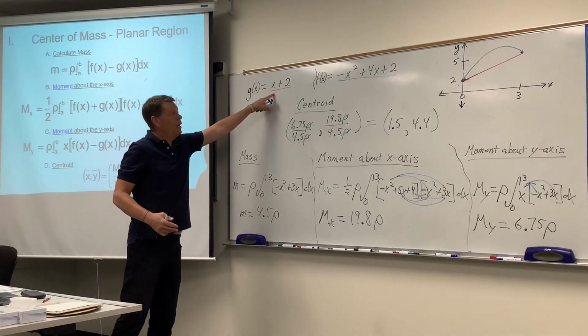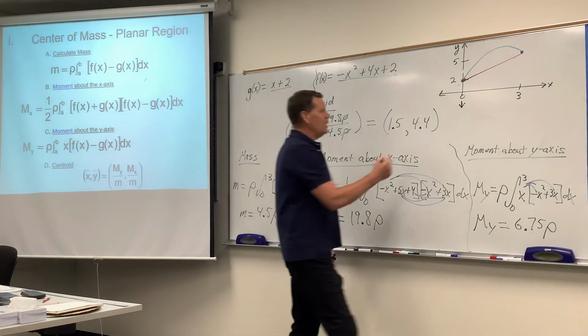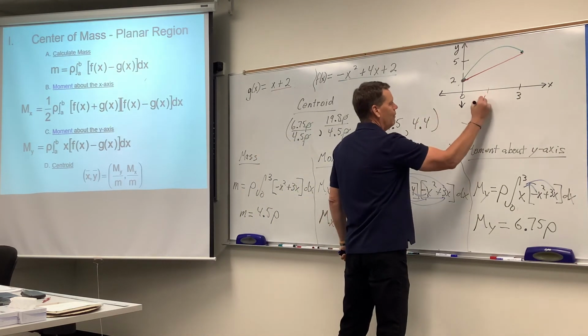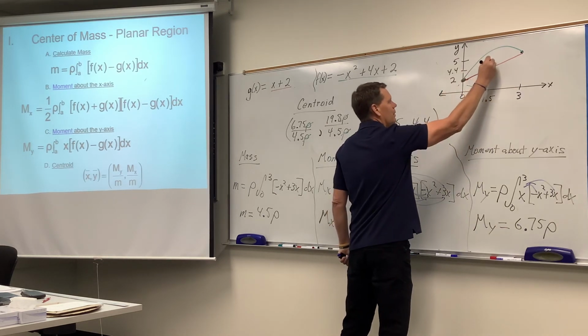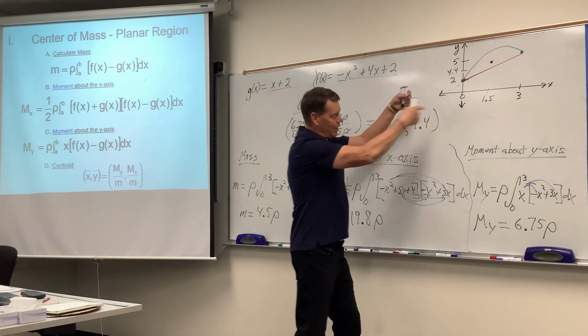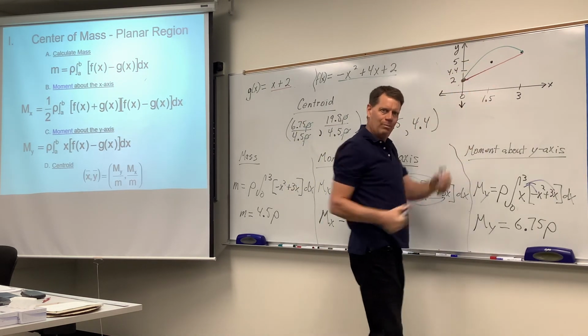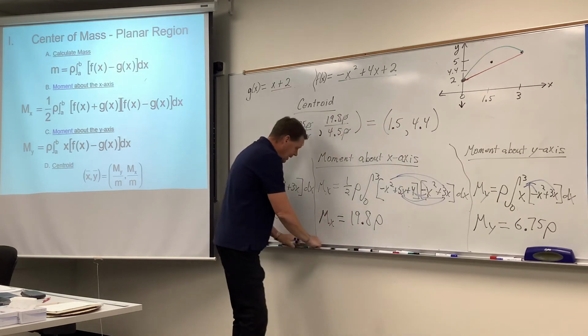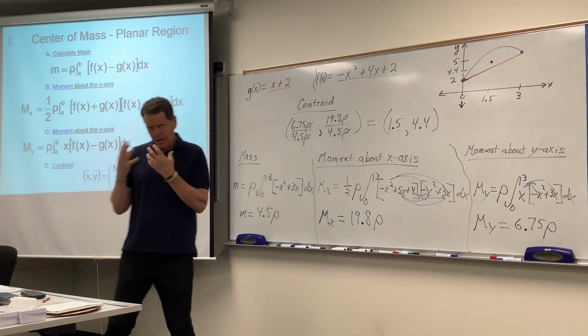If that would have been a curve, then that wouldn't have happened. But the idea would be the ordered pair of 1.5, 4.4 would be, if we were to cut that out, pull it off the board, that would be the point where it would balance.